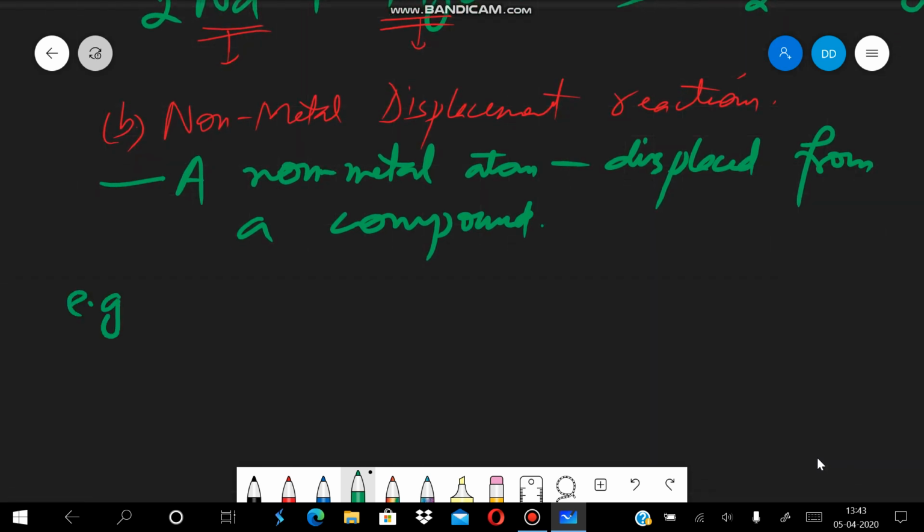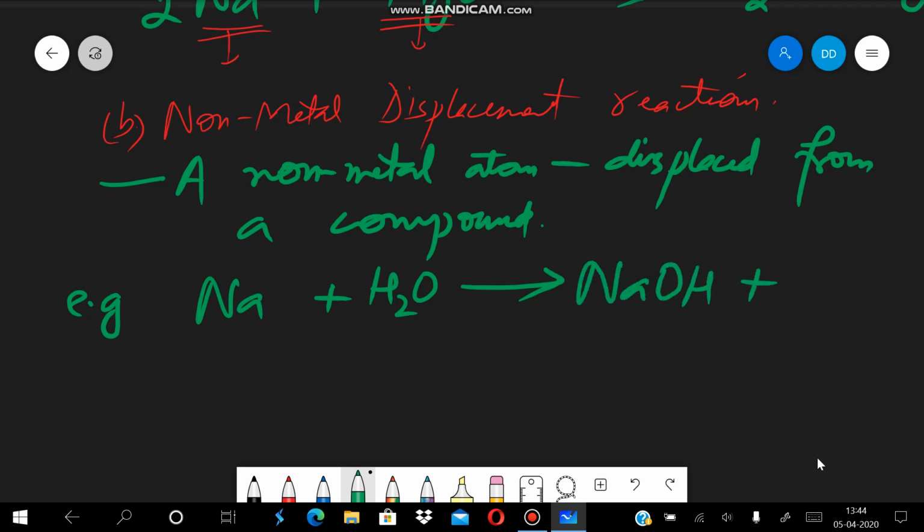For example, if sodium is treated with water, the product formed is sodium hydroxide and dihydrogen gas. Now in this case, we can see that the sodium has displaced hydrogen from water. Again, we can see that sodium is more reactive than hydrogen. That is why sodium can displace hydrogen from water, and because of that, hydrogen gas is liberated.